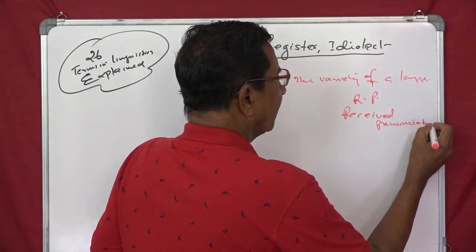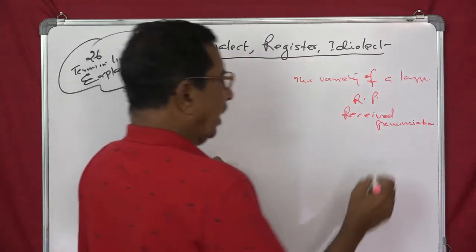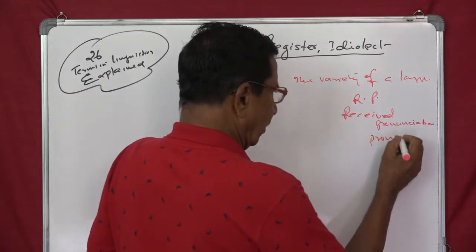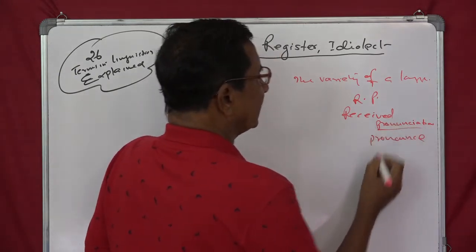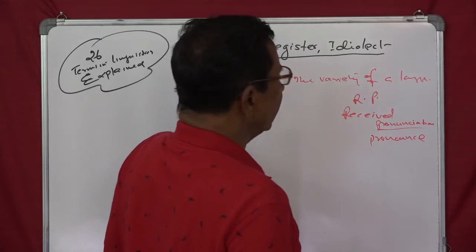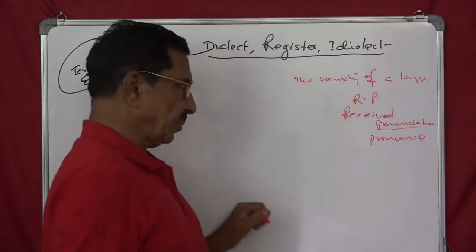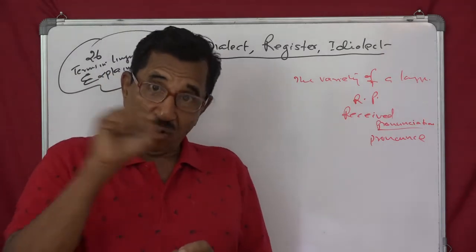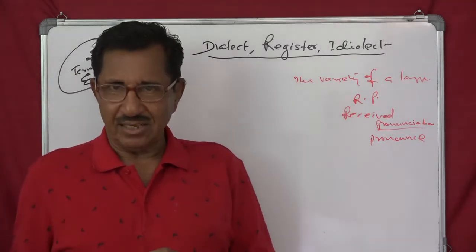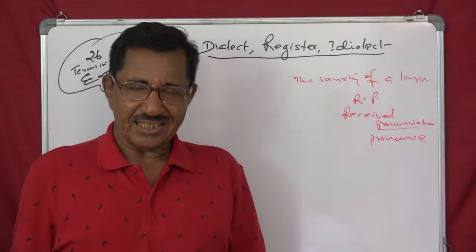Pronounce is the verb, P-R-O-N-O-U-N-C-E, pronounce. But the noun is pronunciation, P-R-O-N-U-N-C-I-A-T-I-O-N.